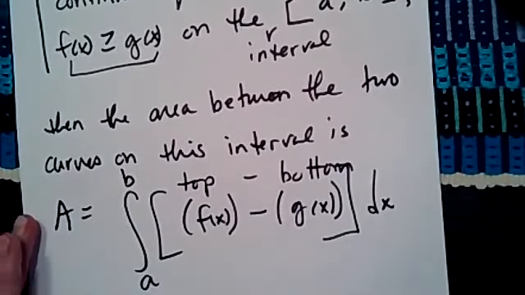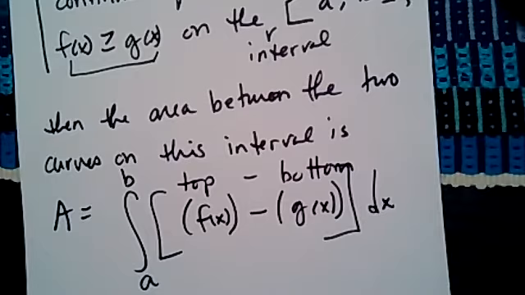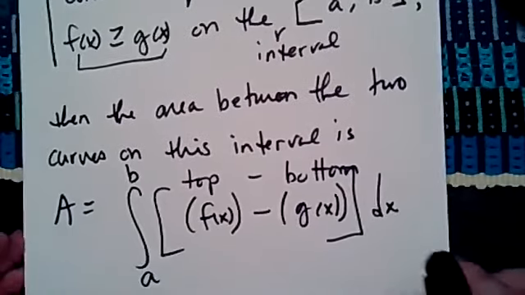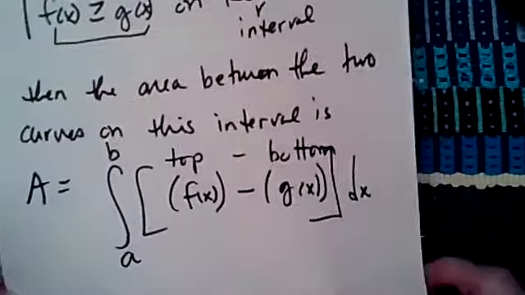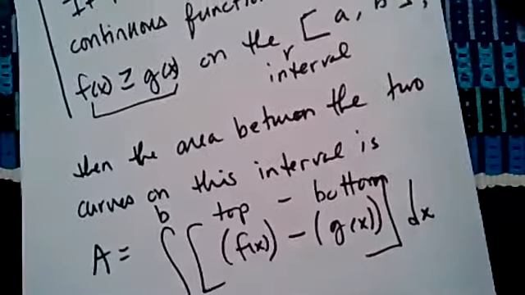That's the area definition. Find the area between x is equal to a and x is equal to b between the two curves. Let me just show you what I'm talking about.